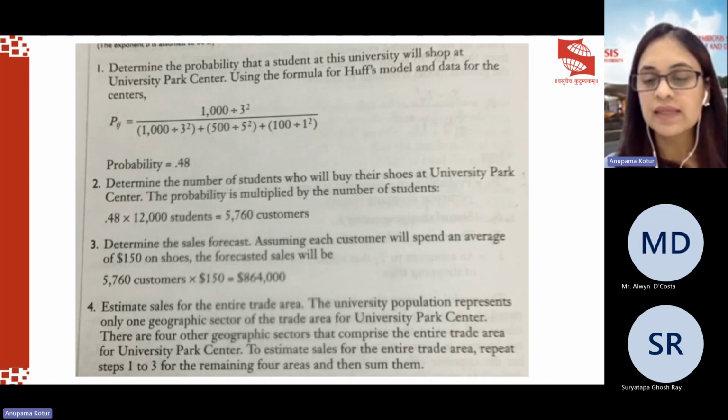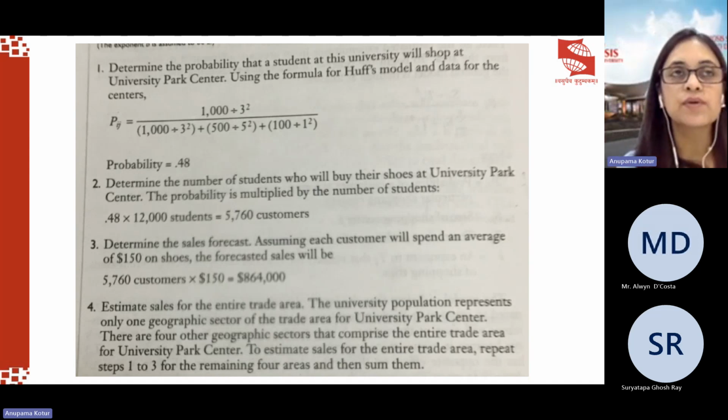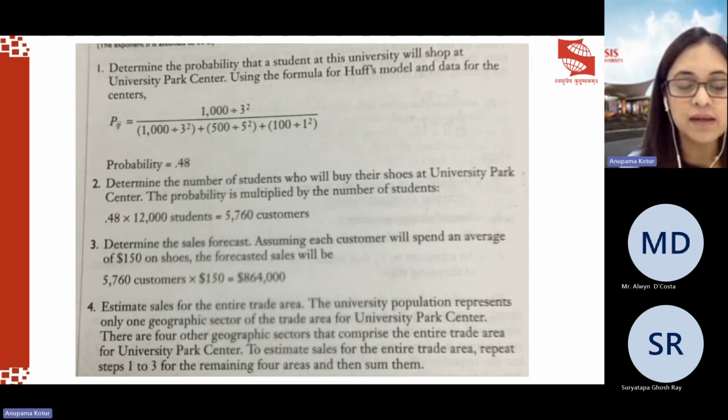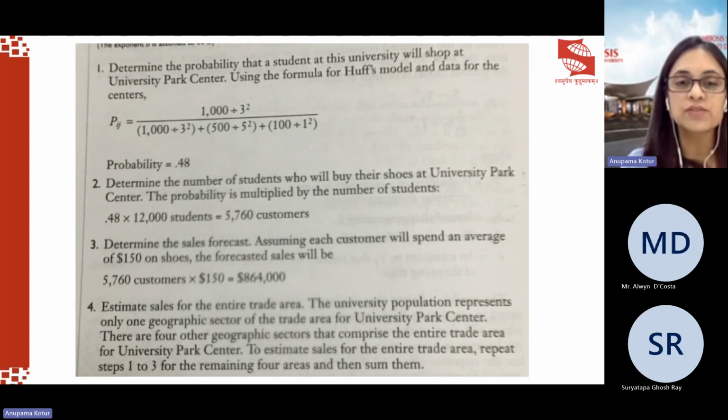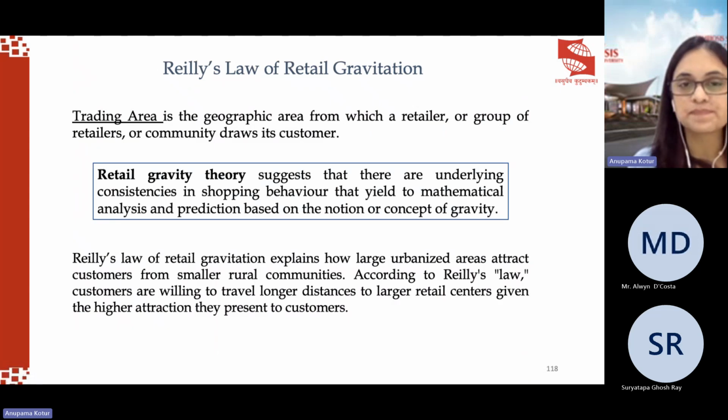So not only is this model helping you calculate the ideal location and the probability of the number of people that can come to your store, it also supports you in making those revenue projections for the future, right? So therefore, a very handy formula to have in the pocket.